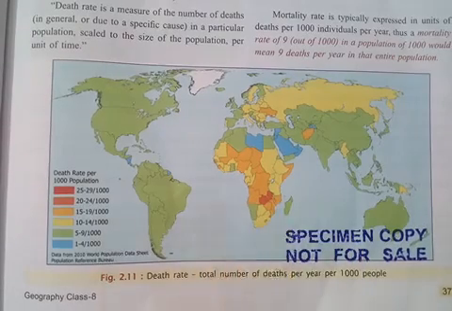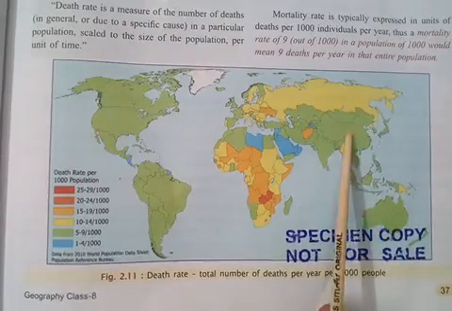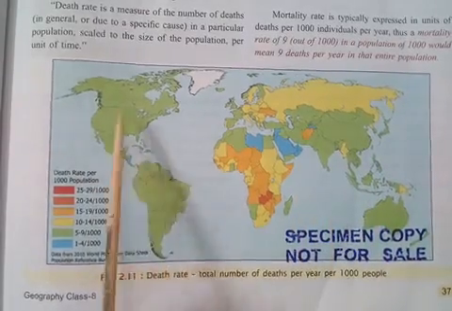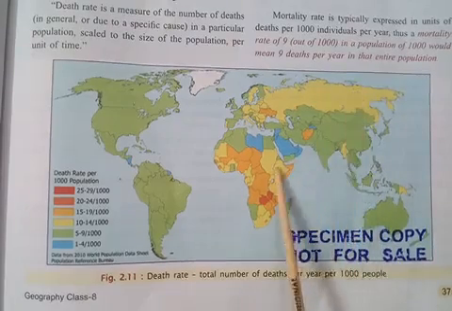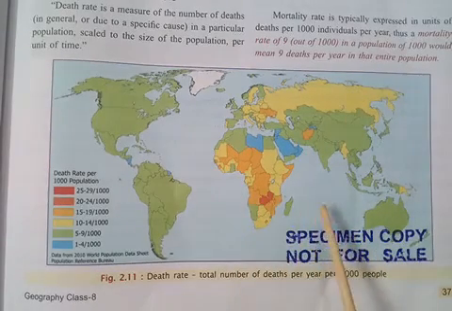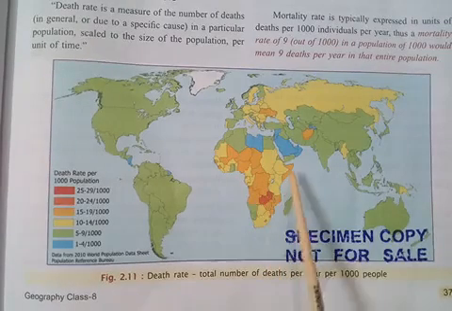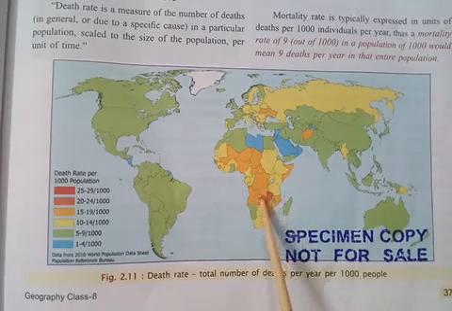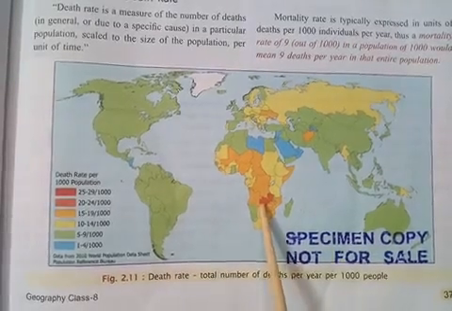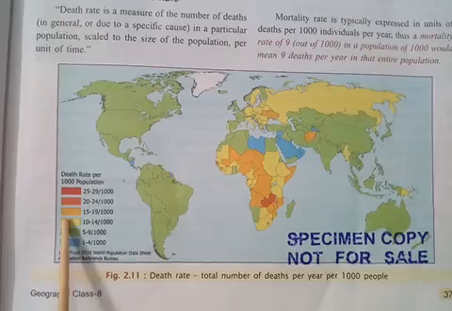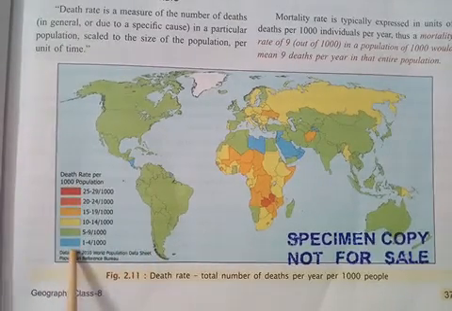According to this, you can find many countries colored in green, while some countries are colored in yellow. At the same time, some countries are colored in orange, and there is one small part in Africa colored in red.